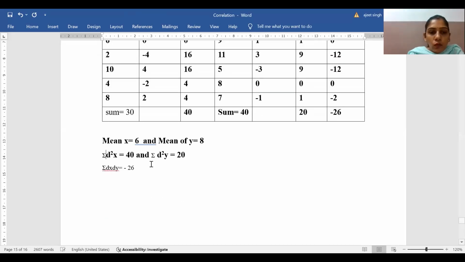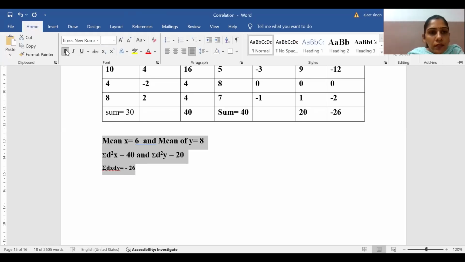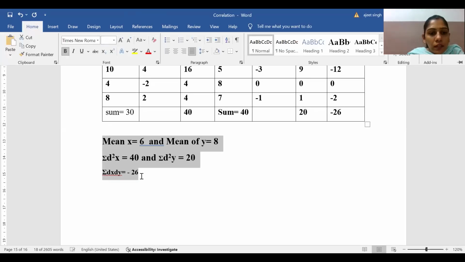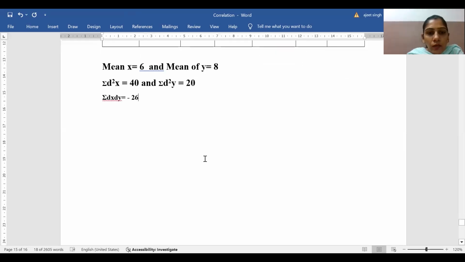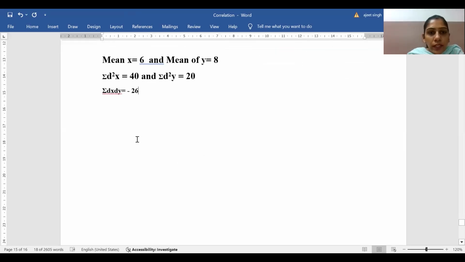Now what we have to do is calculate the regression equation. Let me highlight this. Okay. Now let's calculate the regression equation.